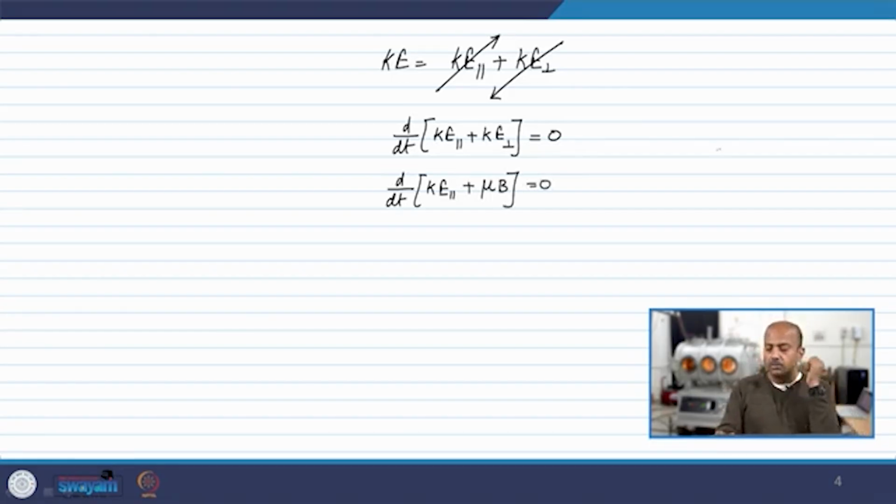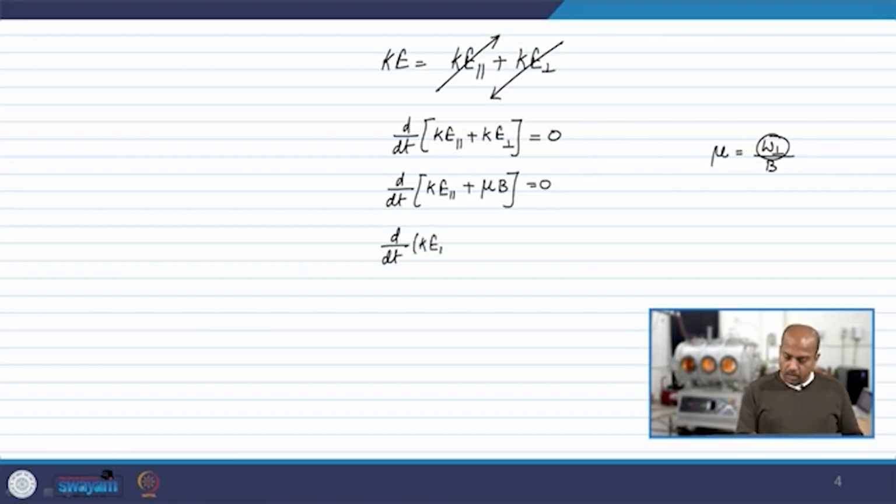Why is KE perpendicular mu B? We have actually derived this expression, W perpendicular by B. So this is the kinetic energy. The notation is slightly different. I am not using KE perpendicular, but W perpendicular is the perpendicular kinetic energy, which is equal to mu B, right. So I will write d by dt of KE parallel plus d by dt of mu B should be equal to 0.